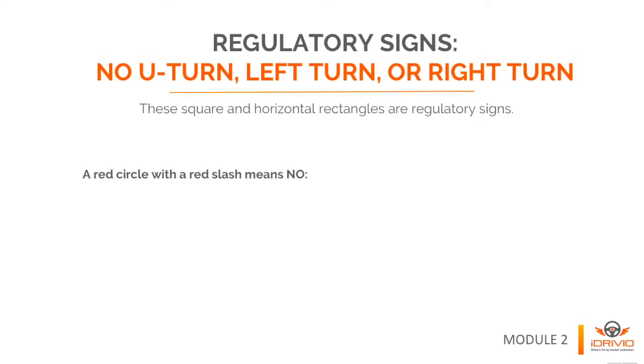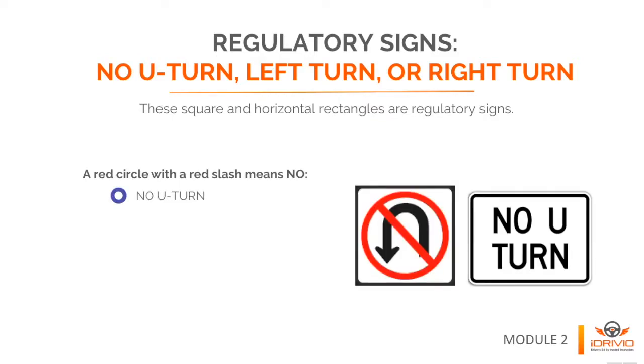A red circle with a red slash means no. The no U-turn sign may be posted on divided highways or expressways, usually where there is an opening that leads across the division to the other side that is reserved for authorized vehicles only. They may also be posted on standard city streets where U-turns are usually legal in order to indicate an exception.